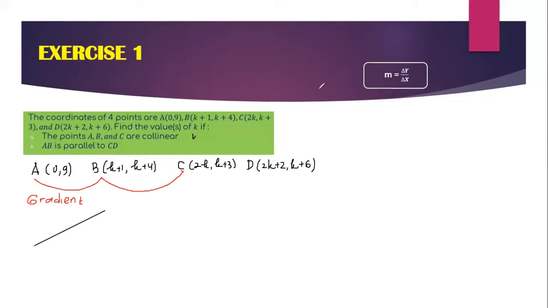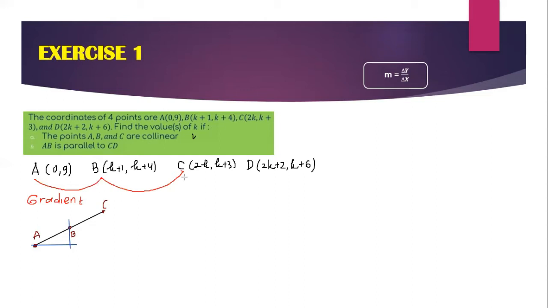Let's say here is A, here is B, and here is C. Now we're going to use the gradient approach.